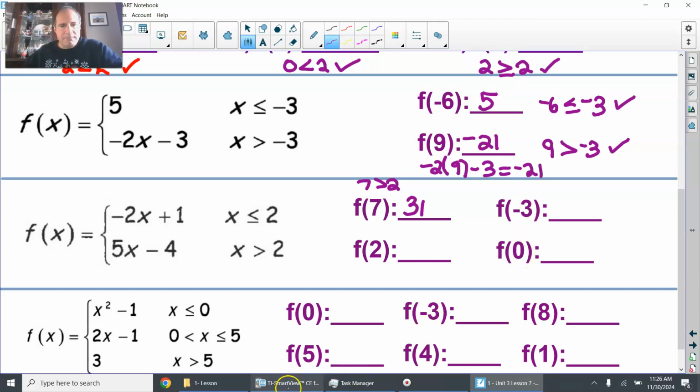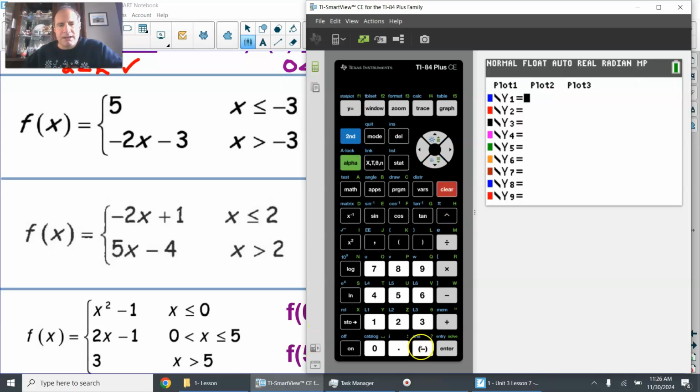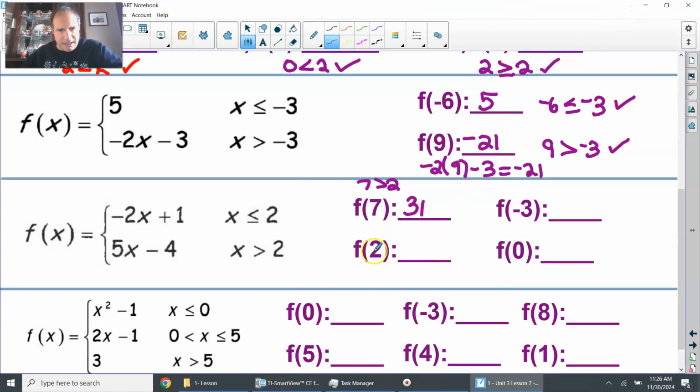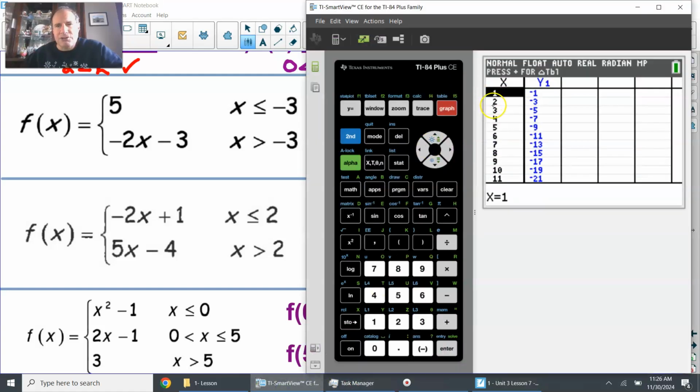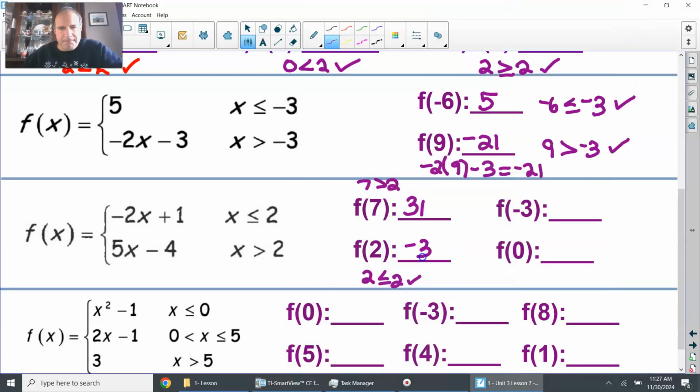Right? So now I'm going to go back to my calculator, and I'm going to put y equals, and I'm going to clear that out, and I'm just going to go negative 2x plus 1. And I'm going to press second function table, and I'm going to look at all the x's that they give me. F of 2. So 2 is less than or equal to 2. That's good. So I'm using this negative 2x plus 1. So when x is 2, the y is negative 3. When the input is 2, the output is negative 3.